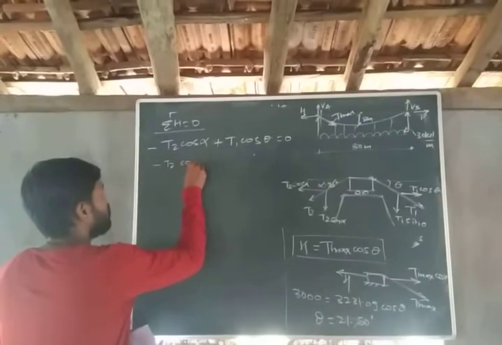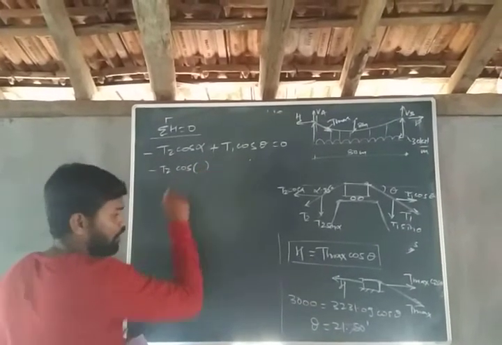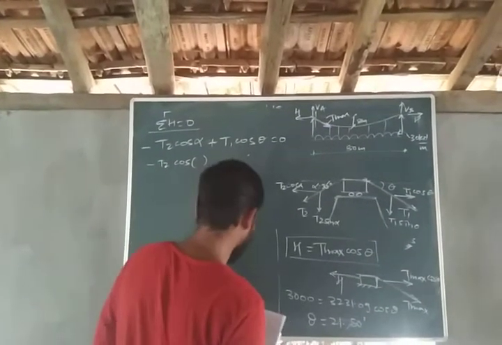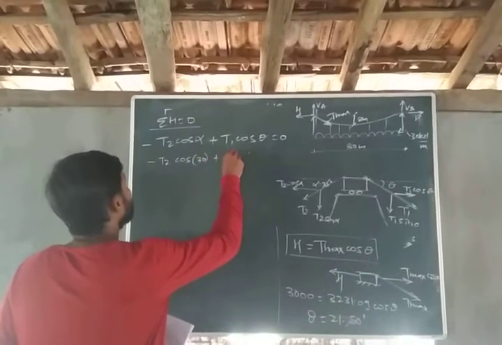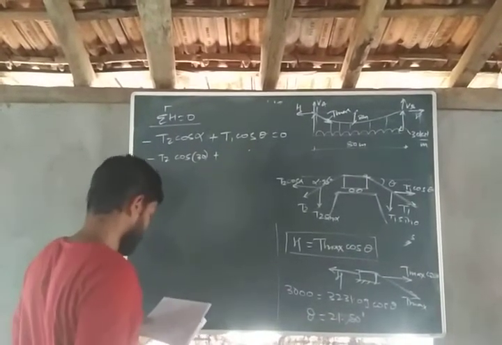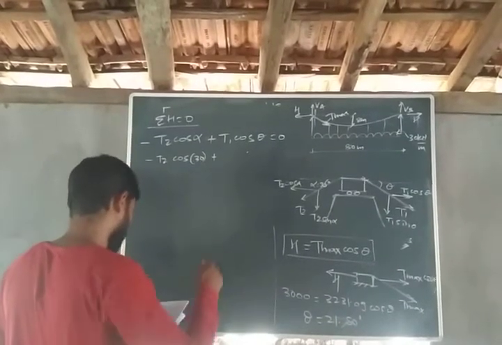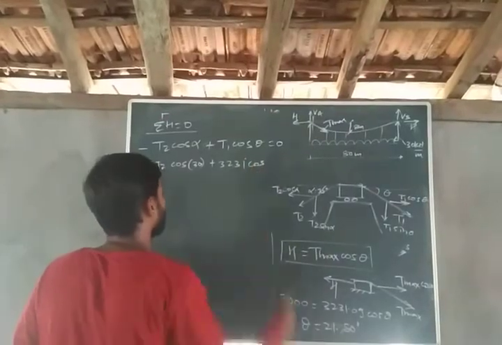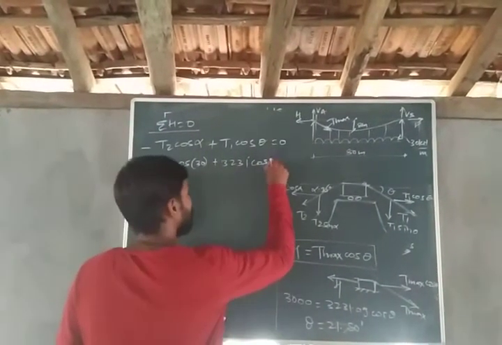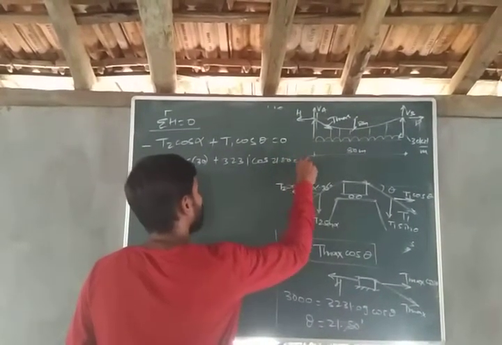So T2 cos alpha, so value of alpha is given, it is 30 degree, plus T1 is tension, T1 is 3231 cos 21.80 equal to 0.